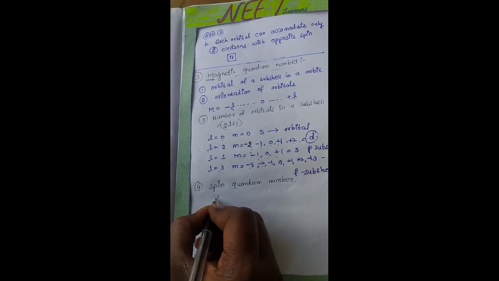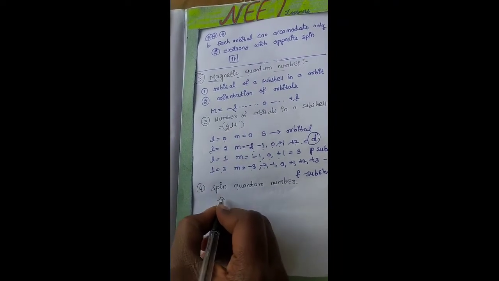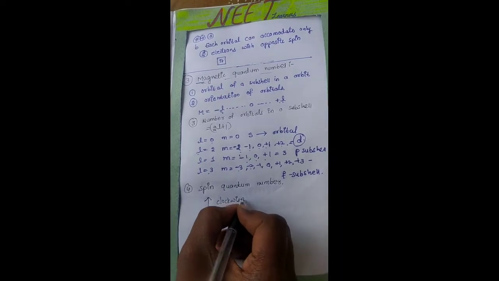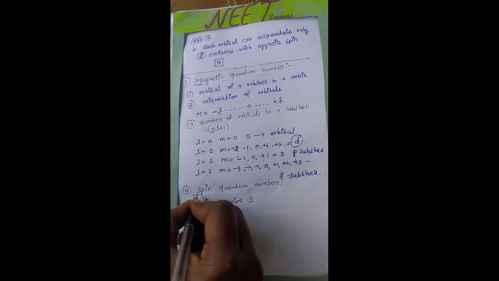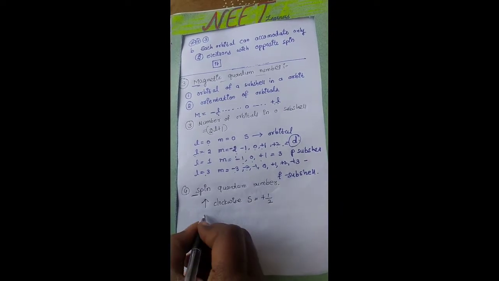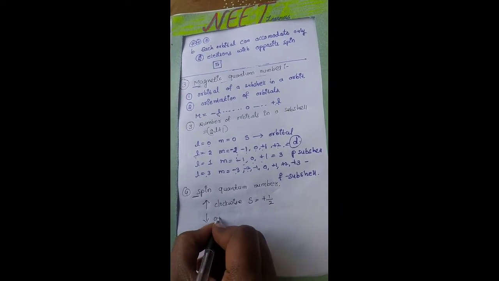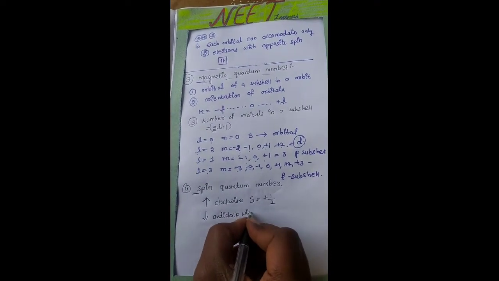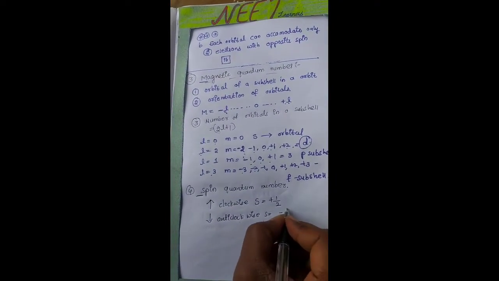One electron should be upwards, that is clockwise direction. That is S, the spin quantum number represents S. S is equal to plus half. And the other is anti-clockwise. S is equal to minus half, students.